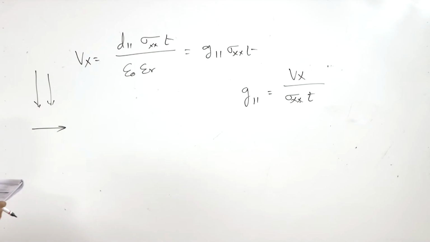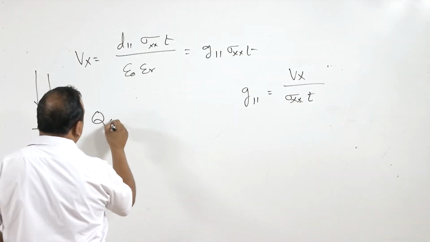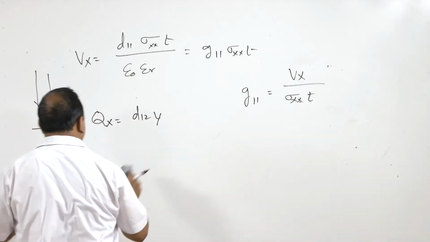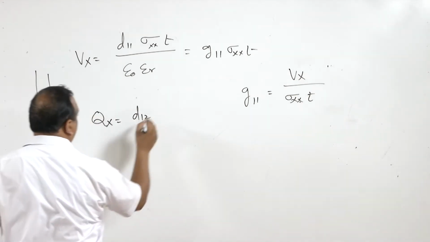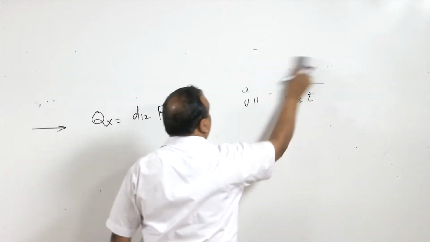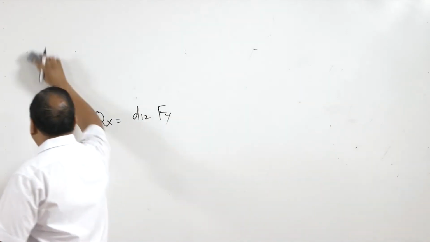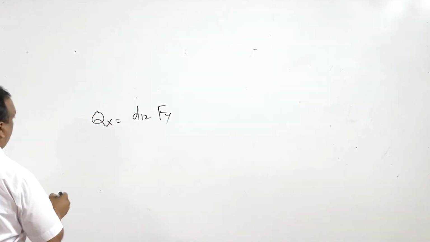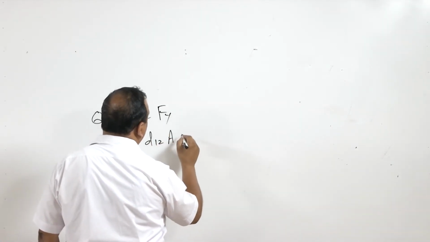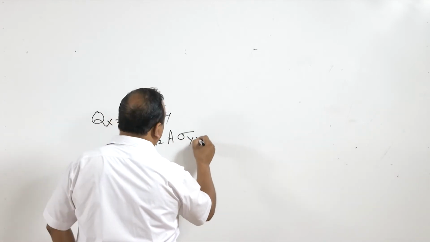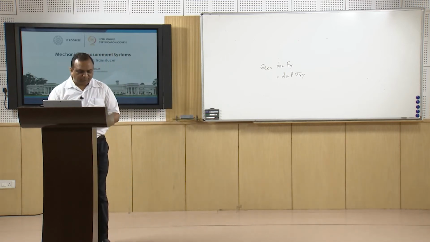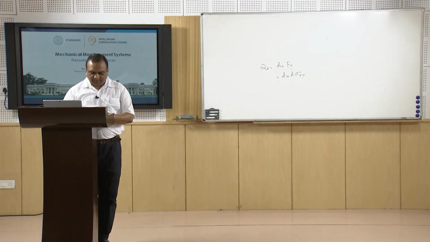When the force is applied on the y-axis, then Qx is equal to D12 Fy, or D12 A sigma y. Because the force is replaced by stress multiplied by the area.